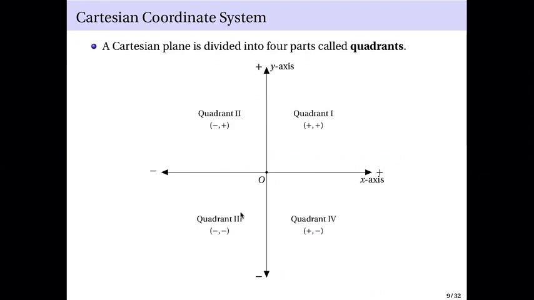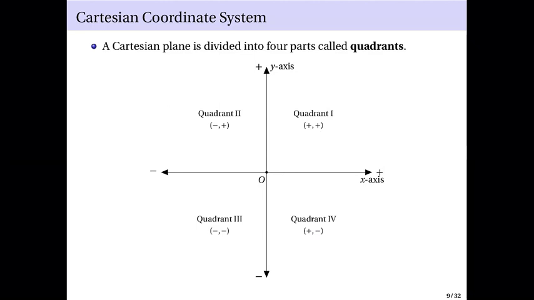And as you can see, the plane is divided into four parts. We call them quadrants, quad meaning four. We will denote this as quadrant 1, or the first quadrant. This means that on the first quadrant you have positive x and positive y.